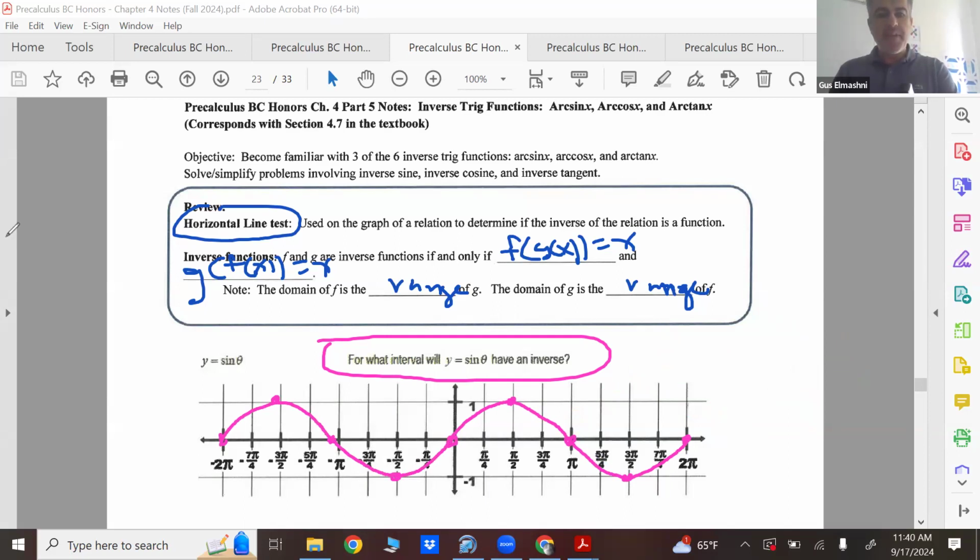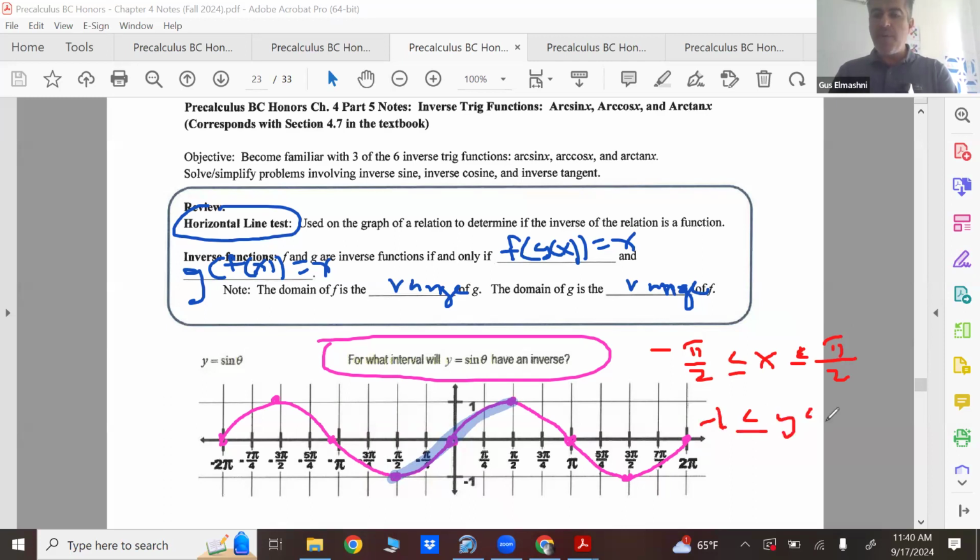Let me highlight this instead. Does that pass the horizontal line test? Still does. So this is still valid. And my range would still be the same.